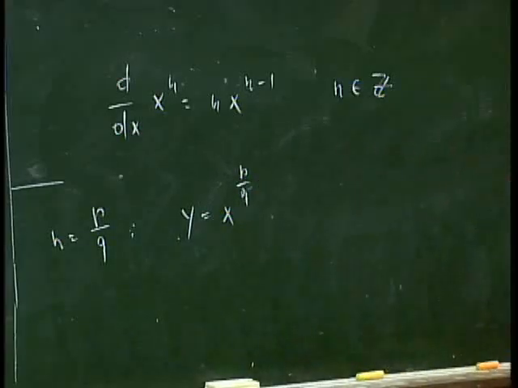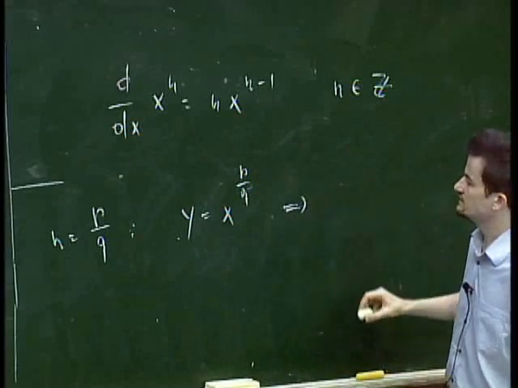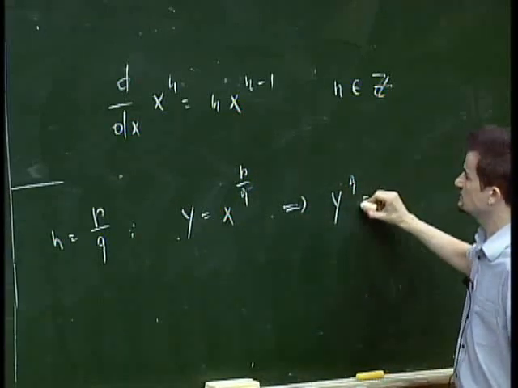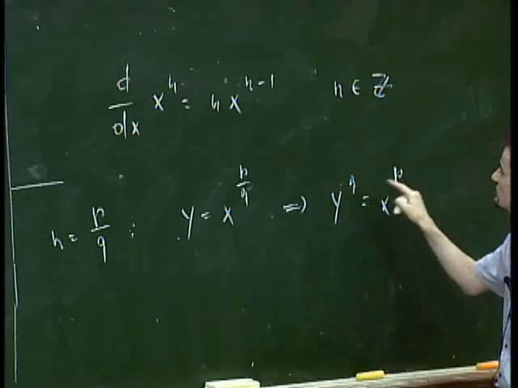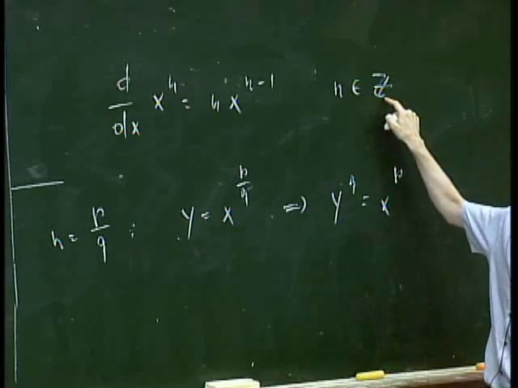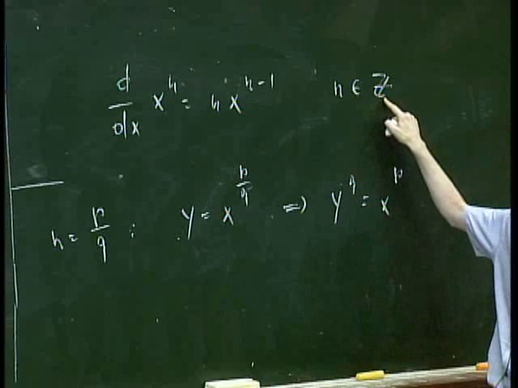Now you see that you can write this as y to the q is equal to x to the p. And here you can use the method of implicit differentiation, because both q and p are integers, and we have considered this case already.